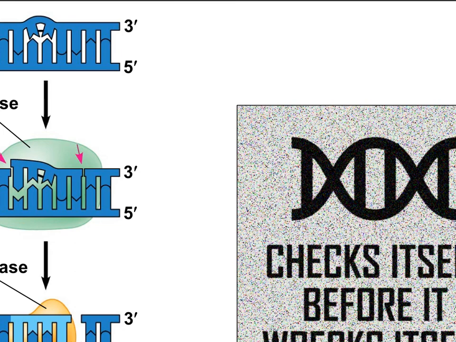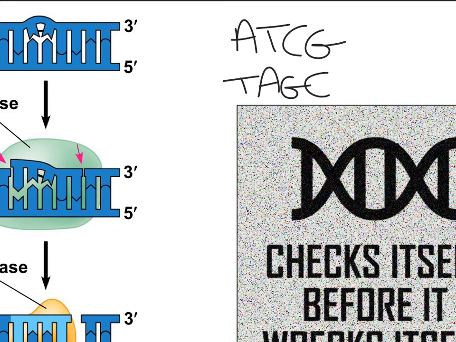So instead of having, let's say, a T here, I substitute it for, I don't know, like a C. And that could cause a different amino acid to be produced during translation, thereby changing the protein. Please go back and review the different kinds of mutations. I think we have pretty good notes on that.